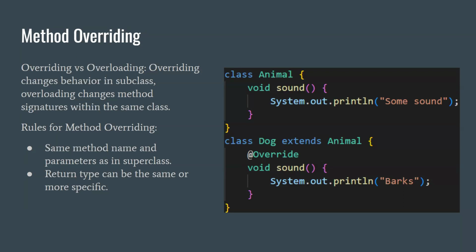But for overriding, they're using the same method name, same parameters, and the same return type, but we are allowing a specific implementation for the subclass. And this feature of overriding is really important for tailoring inherited behavior to fit the subclass's needs.